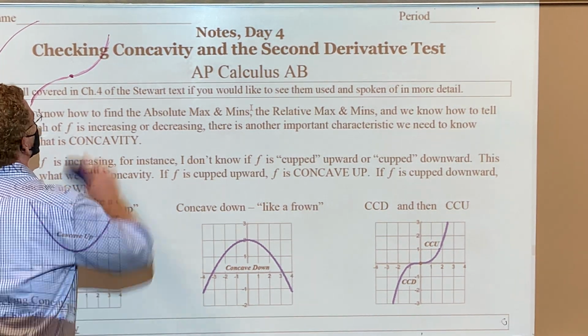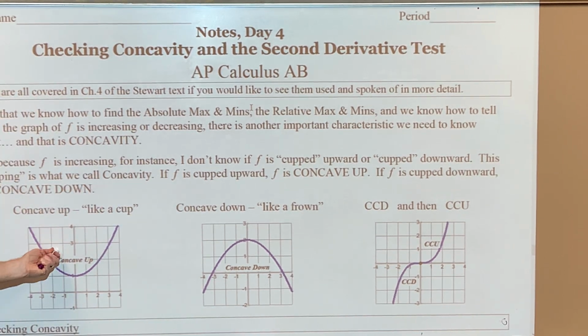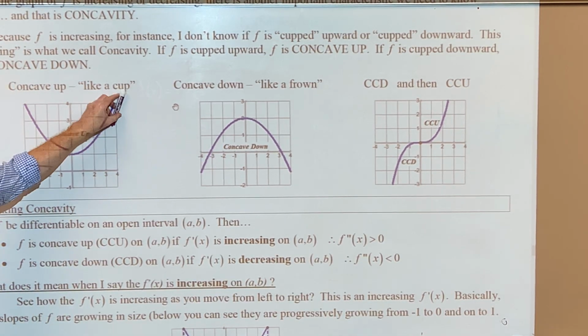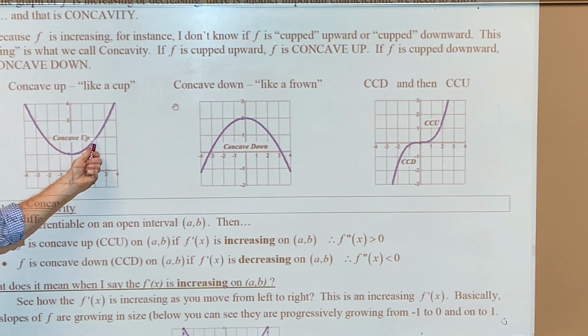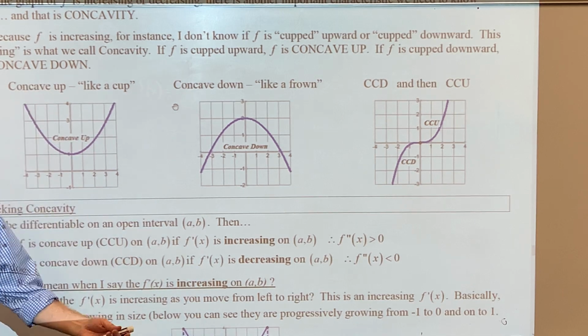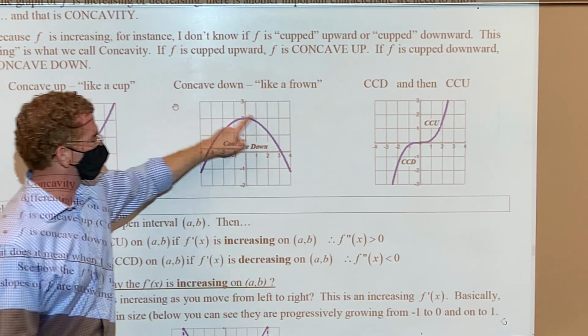So let's take a look at this rule, and see what we're going to do with it. It's important that you understand, like I was just sketching, that if the graph is cut kind of upward, we call that concave up. This is concave down. We don't say concave and convex like we might in physics. We just say the concavity is up or the concavity is down.